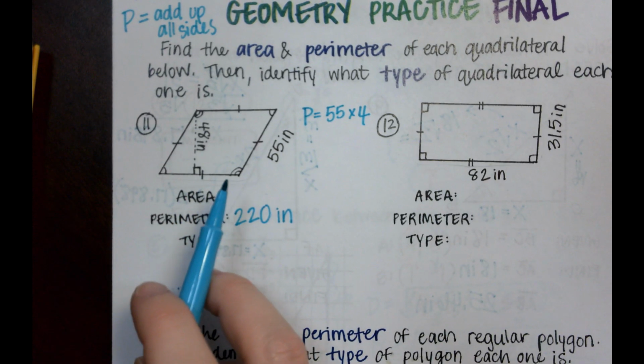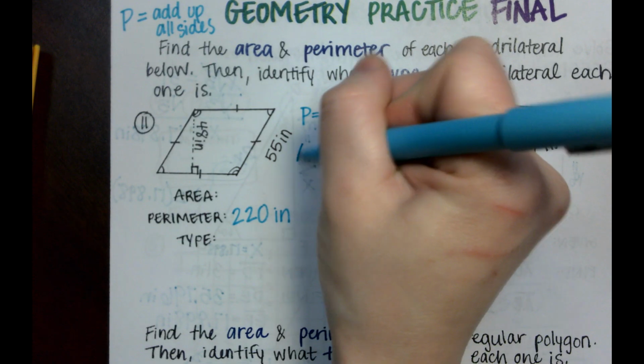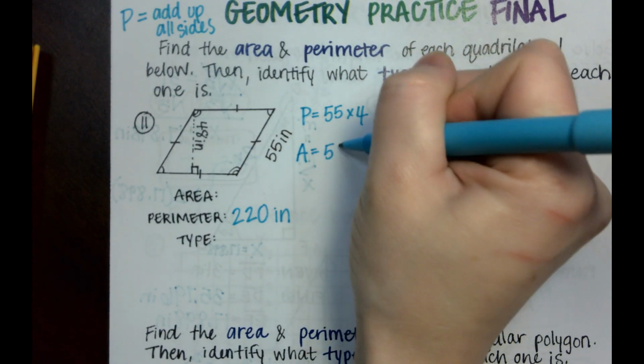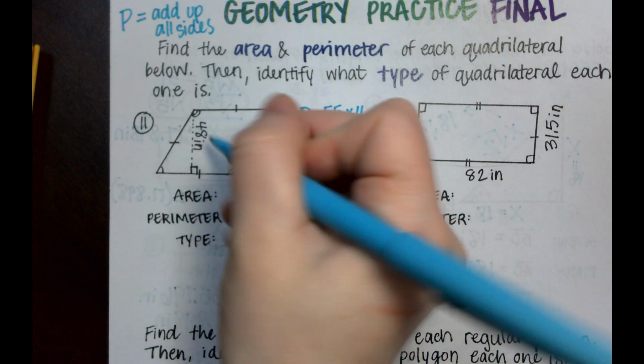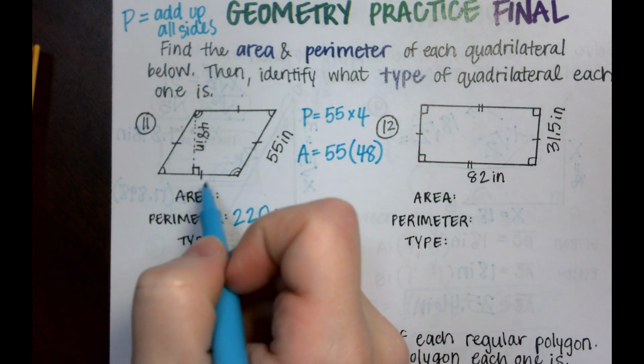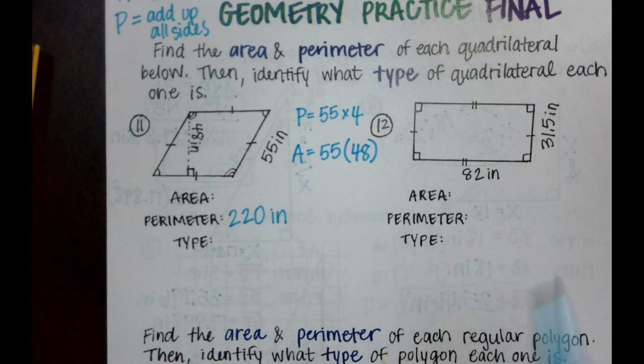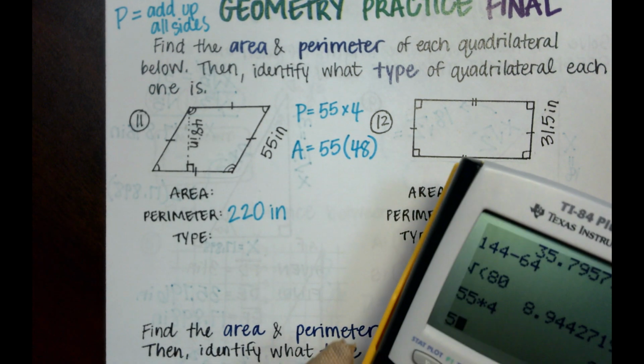And then area would be, wouldn't that be 55 times 48? Yes, area is our base times our height. Our base is 55. And then like a rhombus or a parallelogram, it has little dotted lines to show your height, the angle. Right, exactly. So our height is 48, our base is 55. We'll multiply those.